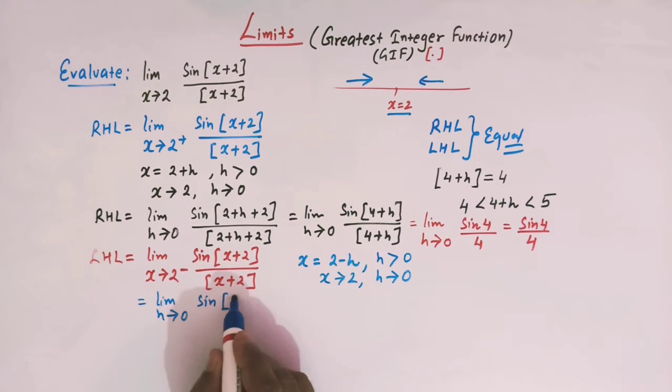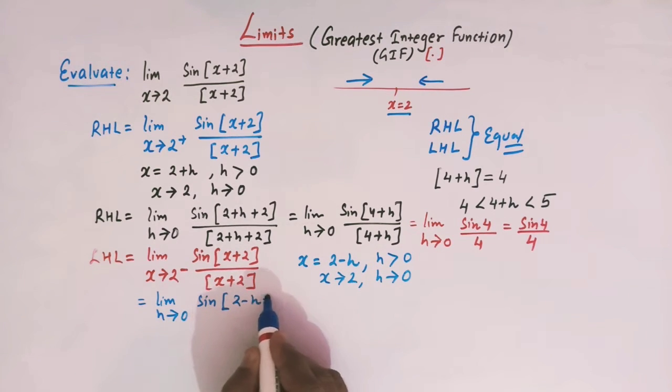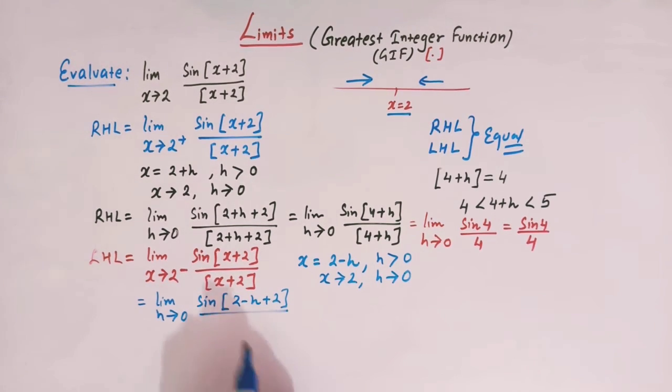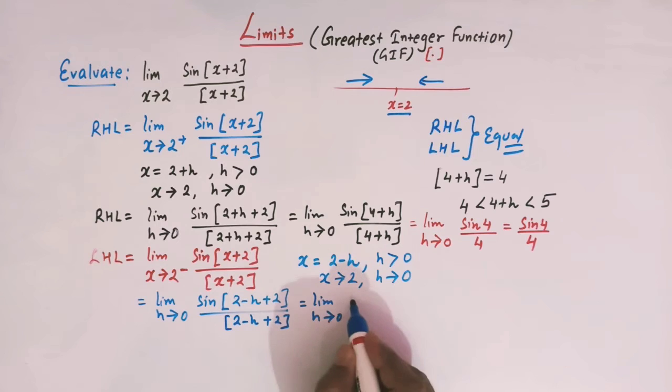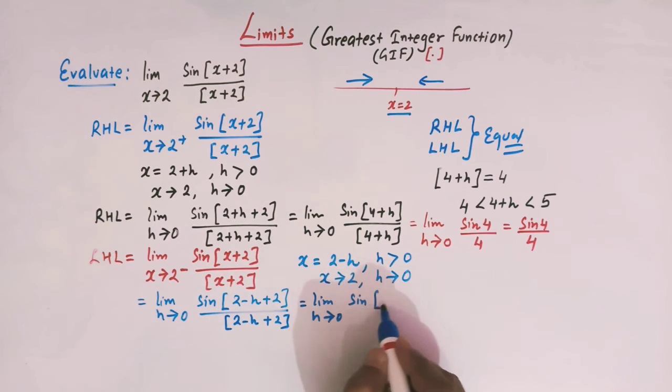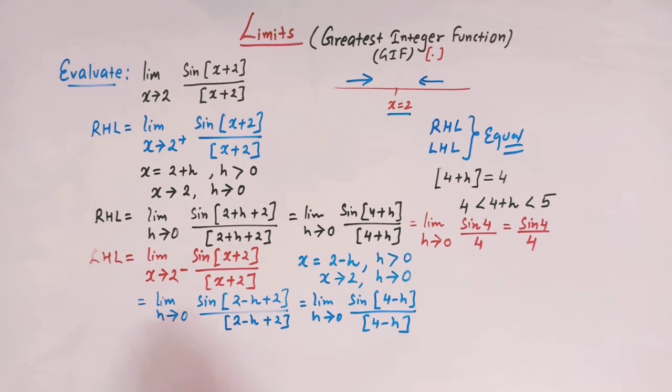So for x we have 2 minus h, and here we have plus 2, and for the greatest integer of x plus 2 we have 2 minus h plus 2. So this is the limit h tends to 0, sin[4-h] divided by [4-h].